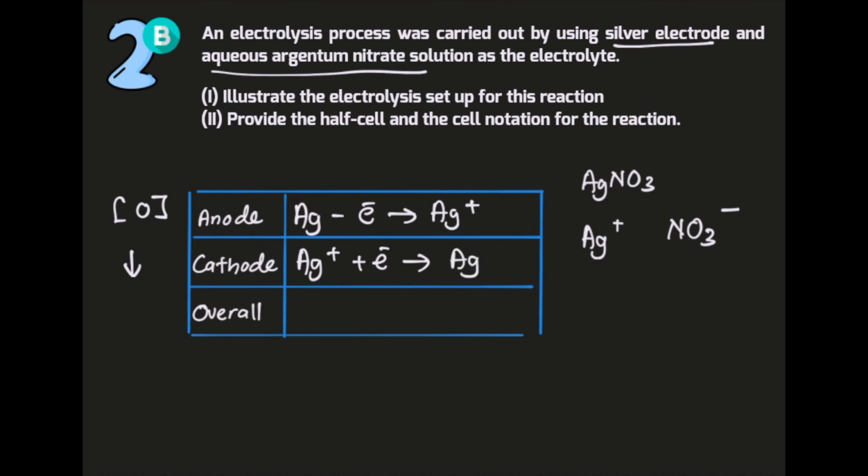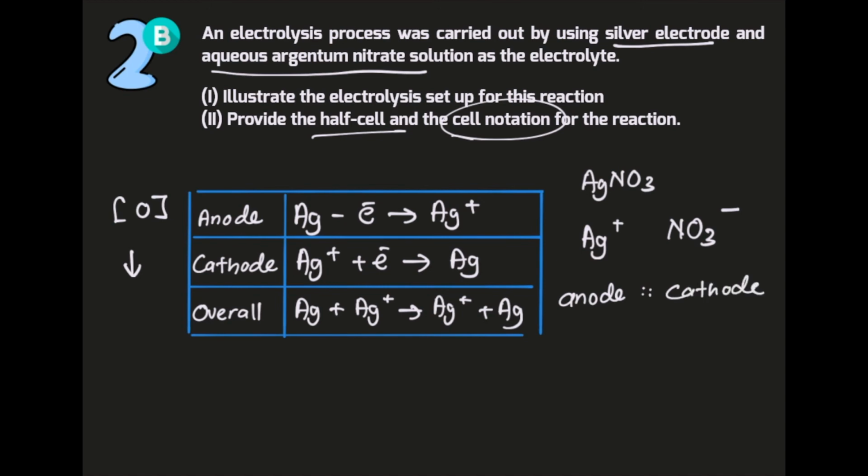The overall reaction shall be Ag plus Ag+ producing Ag+ plus Ag. Apart from the half cell, you were also asked to write the cell notation. When you want to write the cell notation, it is anode, cathode.